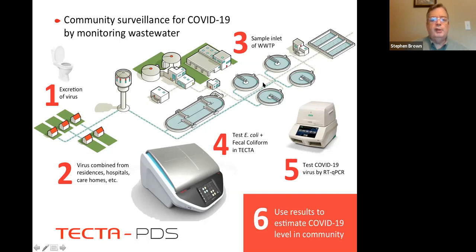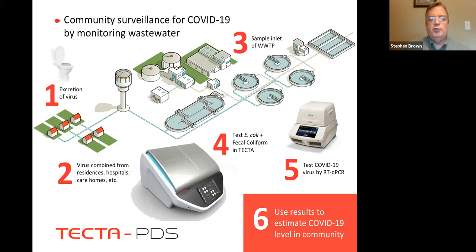And so if you go to the inlet of a wastewater treatment plant, which is at number 3 in this picture, that's now an integrated sample that's reflecting what is being excreted by every member of the community whose waste goes into that sewer system.